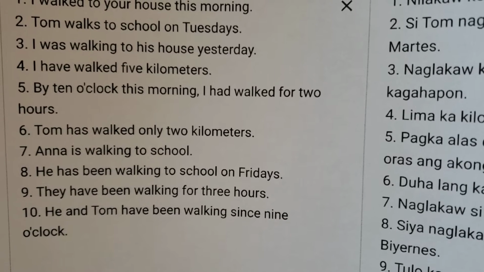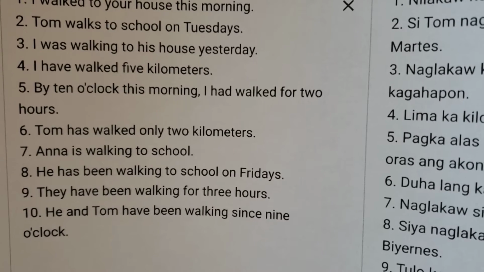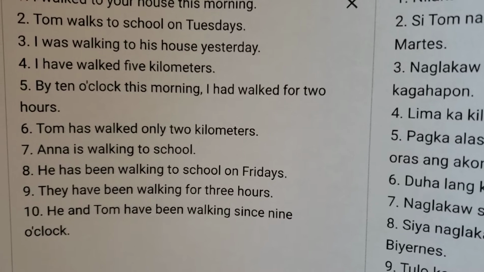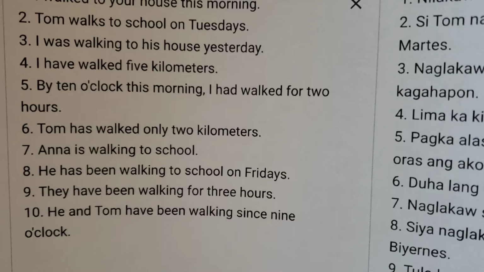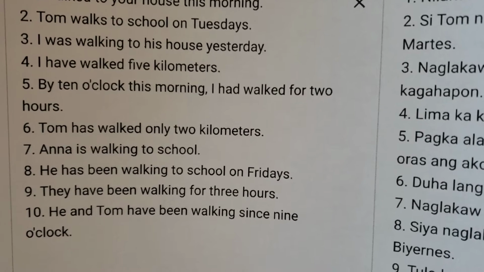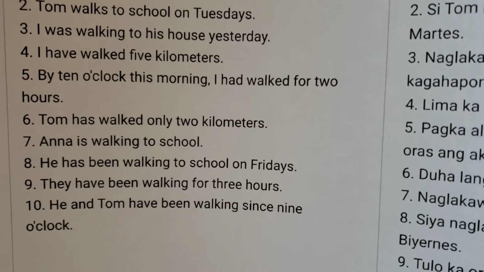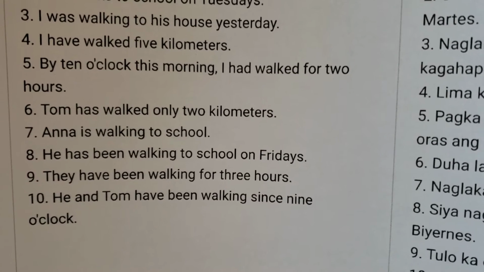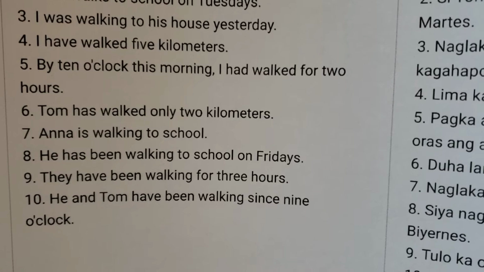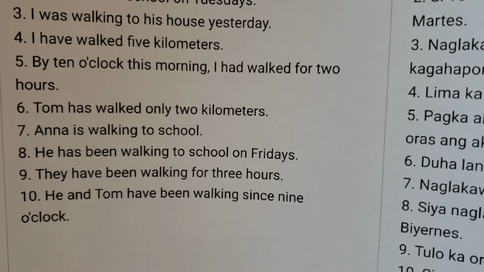An action continuing from the past, extending into the present, and maybe, possibly, continuing into the future. That's the key there. Has been walking. He has been walking to school on Fridays. Again, that is a present perfect progressive tense.